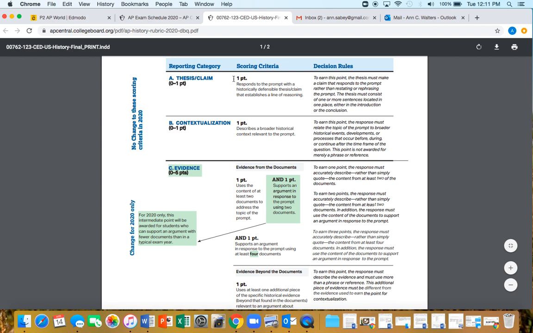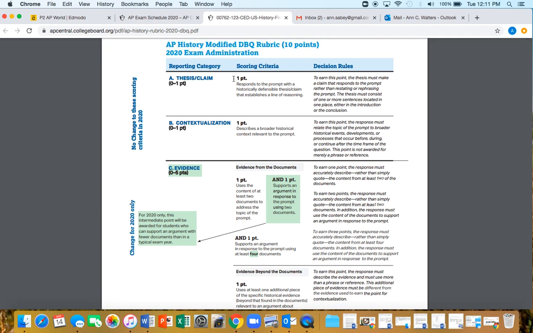You either get 1 point or no point. It's the same exact thing as we've done on all of our other DBQs. So your thesis, you get 1 point if you respond to the prompt with a historically defensible claim that establishes a line of reasoning. The key here is responding to the prompt.